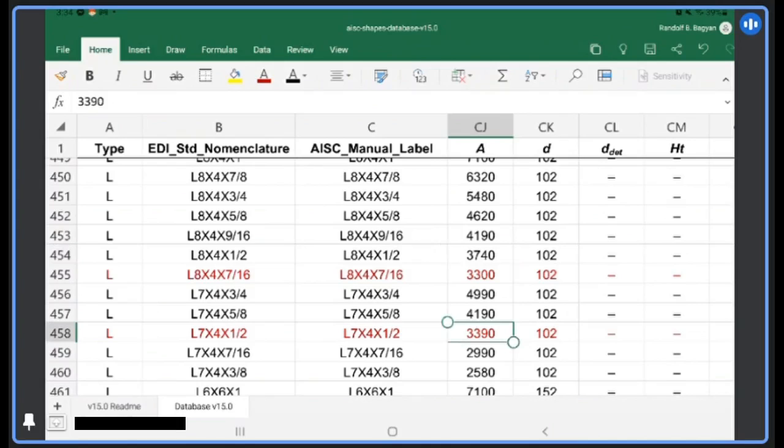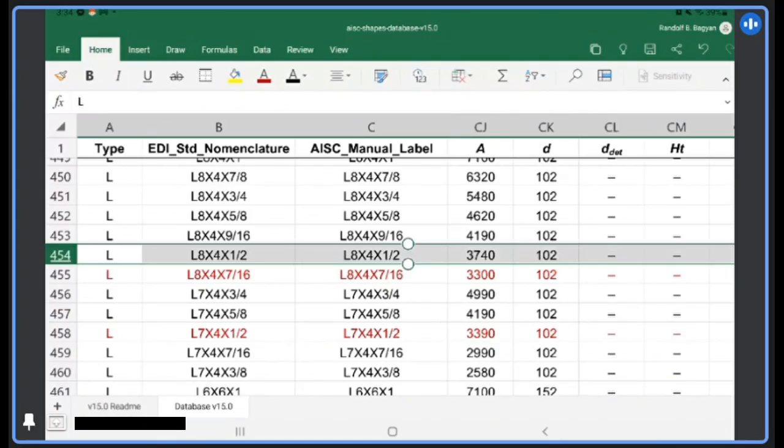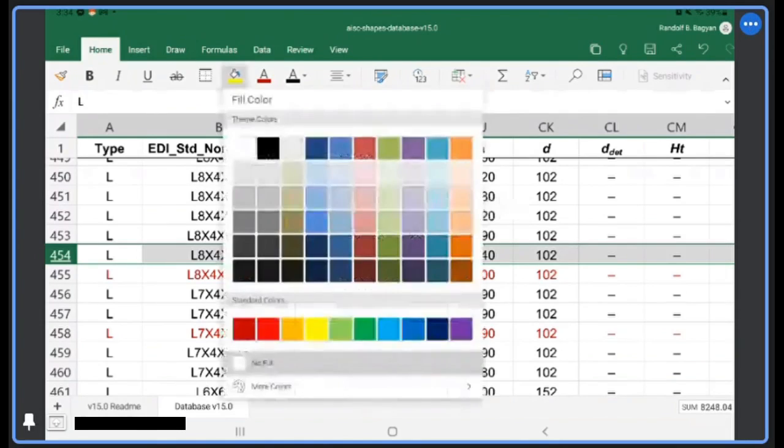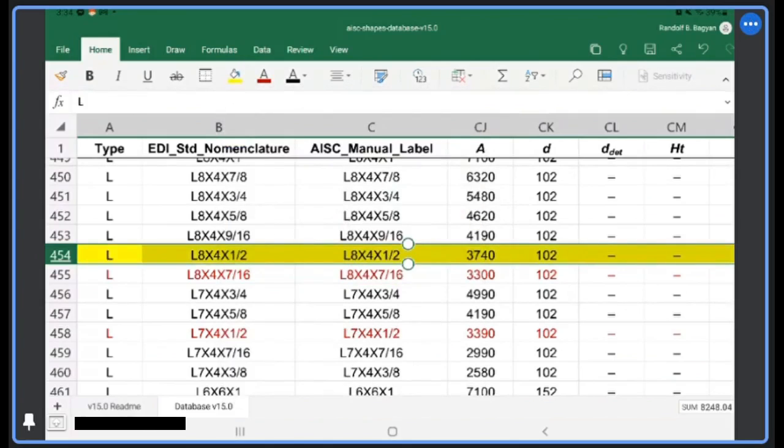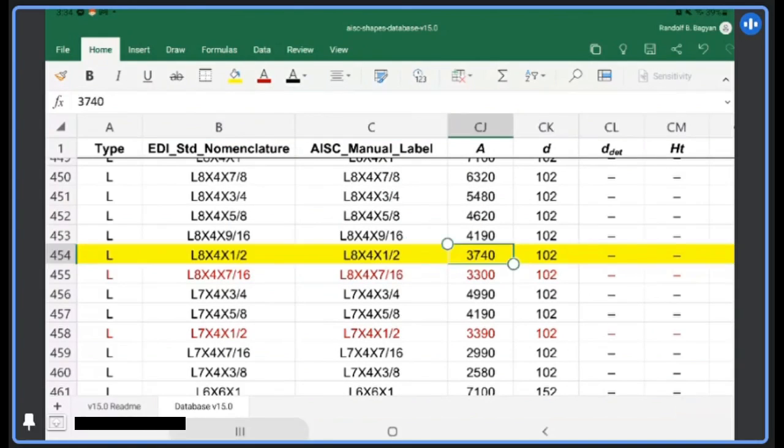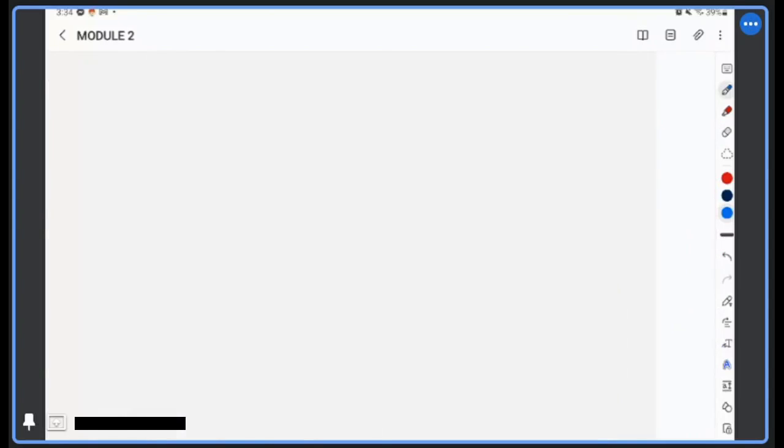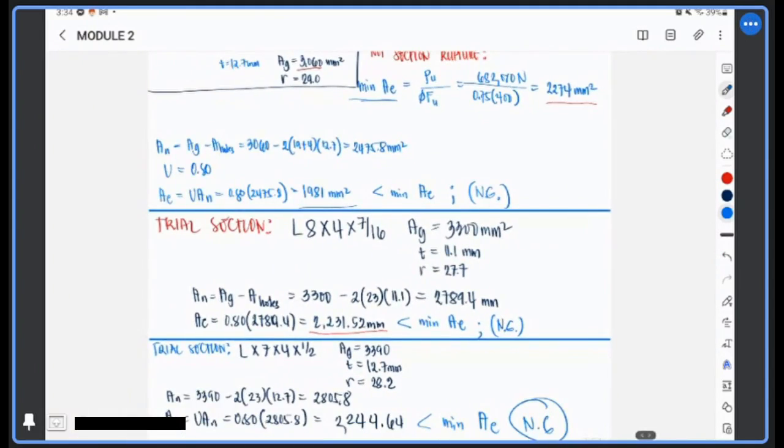So ito yung 7 by 4. Okay, 90 square millimeter nga lang yung naidagdag. Okay, let's now check for L 8 by 4 by 1/2. It has an area of 3,740. Huwag na dyan, dito na lang. Okay, tanggalin ko na to kasi hindi din lang naman siya pumasa.